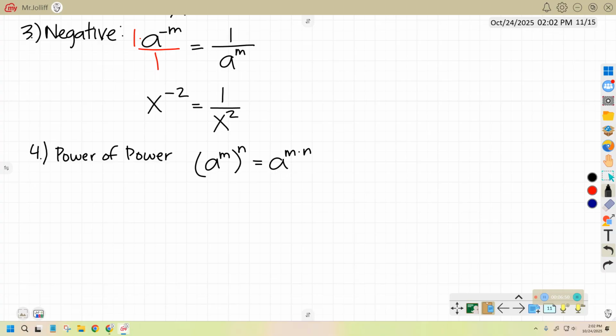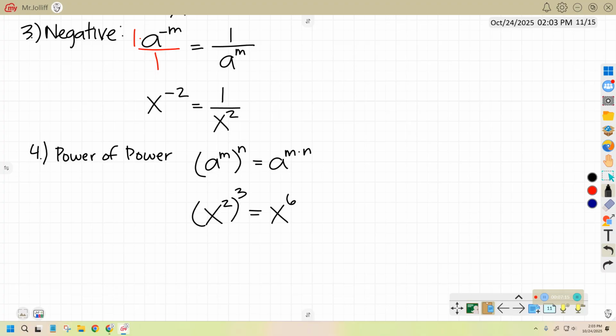When I multiply like bases, I add the exponents. When I'm raising an exponential to another exponent, I multiply the exponents. So power of a power, I multiply. So in this case, if I had x squared to the third, would I get x to the fifth? No, what would I get? Yeah, x to the sixth.